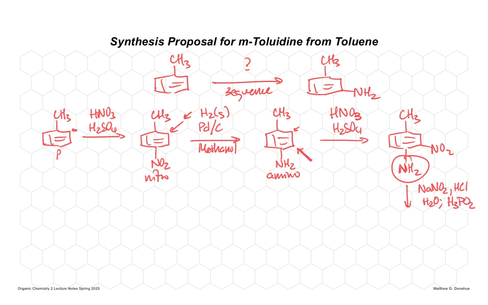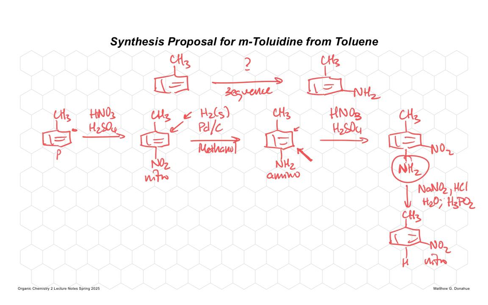We form the diazonium, and then react it with the hypophosphorus acid, H3PO2. That takes the amine back to the hydrogen. And so it leaves that nitro group alone.